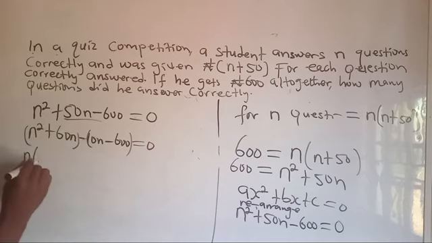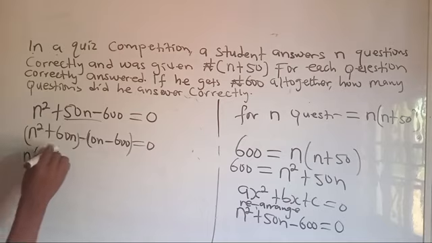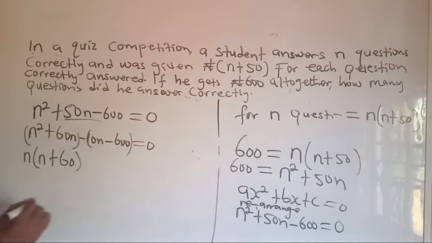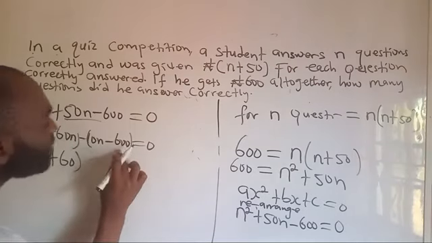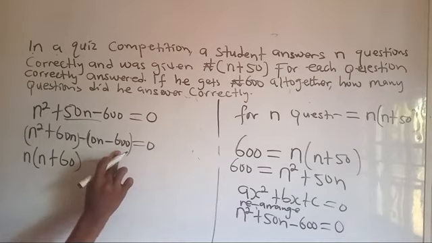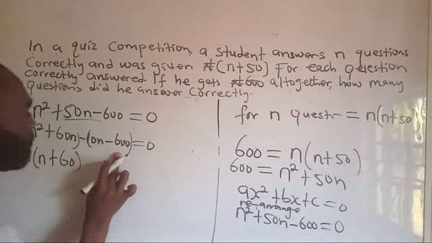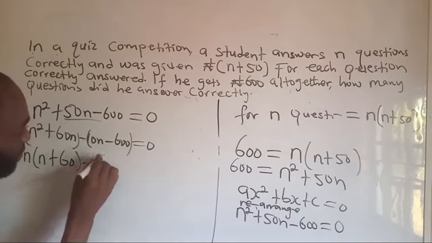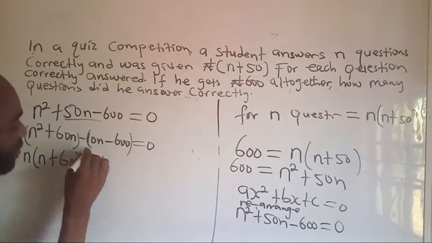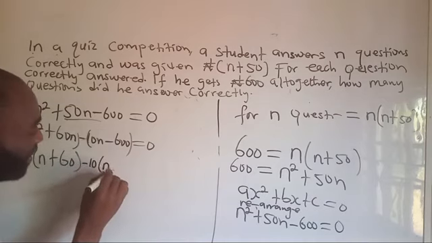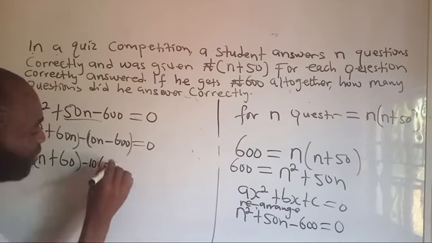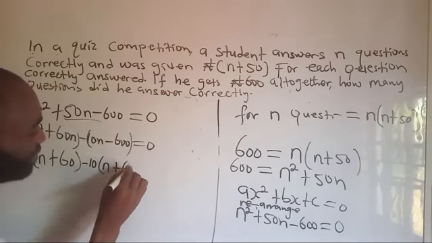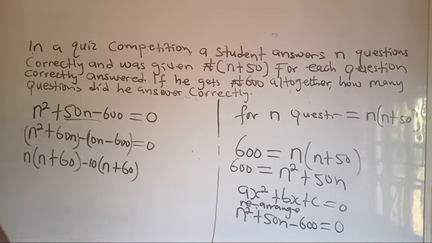So n into n square will give us n, and n into 60n will give us 60. Here the highest common factor is 10, so here will remain n, and here will remain plus 60, because 600 divided by 10 is 60.